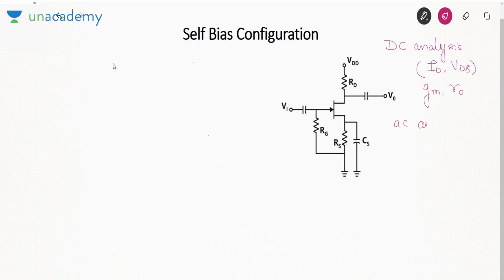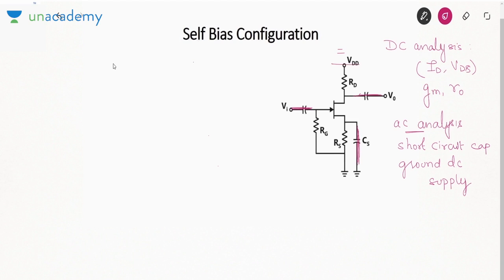Now when we talk about AC analysis, what we will do? We will short circuit capacitor and we will ground DC supply. So this capacitor will be shorted, this capacitor will be shorted, this capacitor will be shorted.